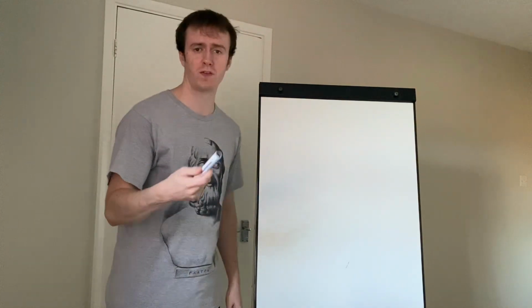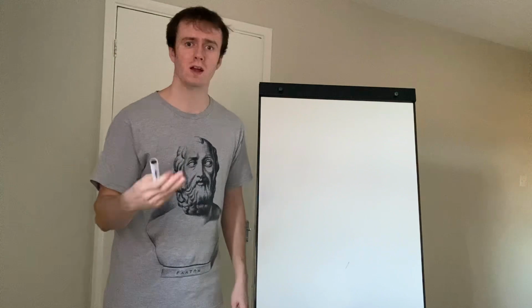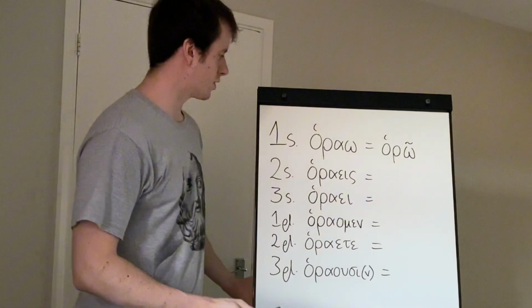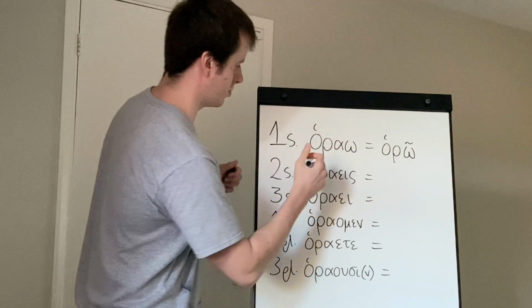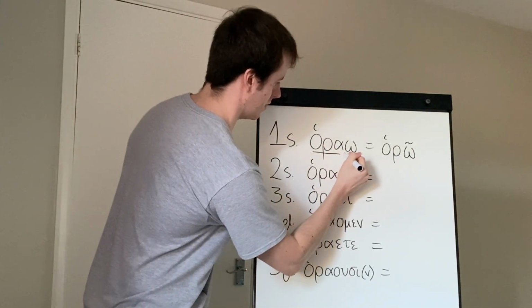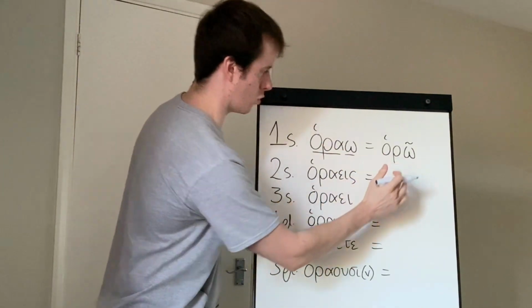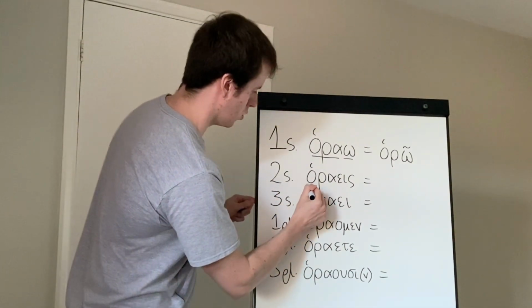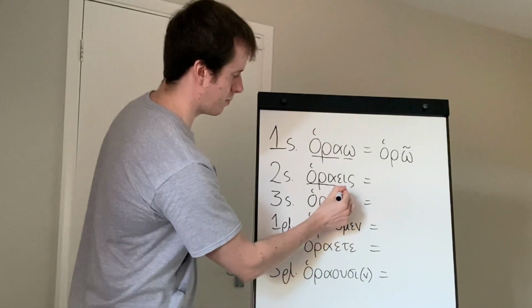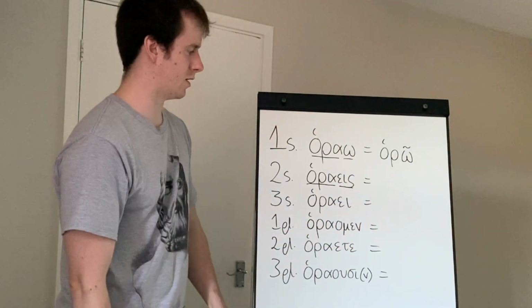Let's now look at how to fully conjugate horaō in the present indicative active. So we already know that in the first person singular, hora, the verb stem, plus the person ending ō makes horō in the contracted form. In the second person singular, you have the stem hora, plus the person ending eis, which we learned last time.